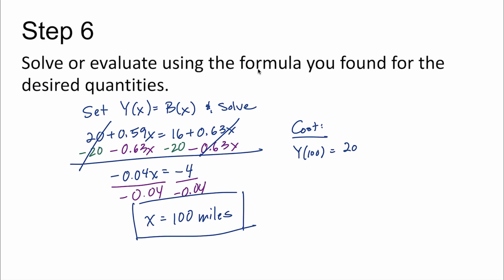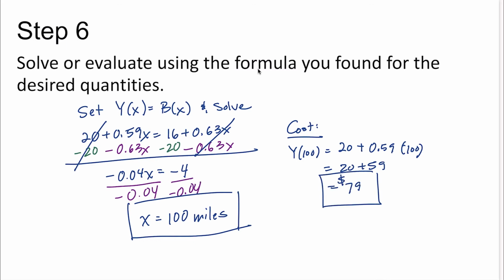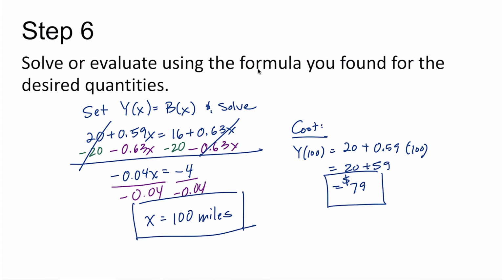So y of 100 is 20 plus 0.59 times 100. And that will be 20 plus 59, or $79. So when 100 miles is driven, the cost of renting the truck from either U-Haul or budget is exactly the same. It would be $79.